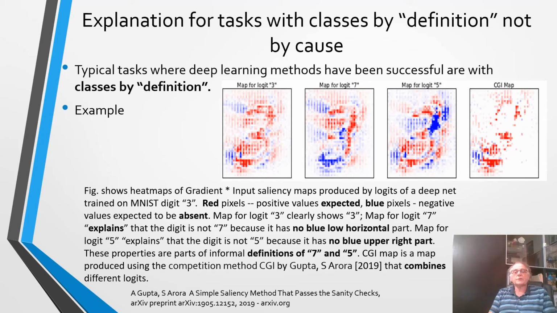In the map for digit 7, the bottom blue part is not expected to be in 7, and the right blue part on the top is not expected to be in the digit 5. These are very well defined features that separate 3 from 7 and 5. So that's explaining why it is not 7 and why it is not 5.